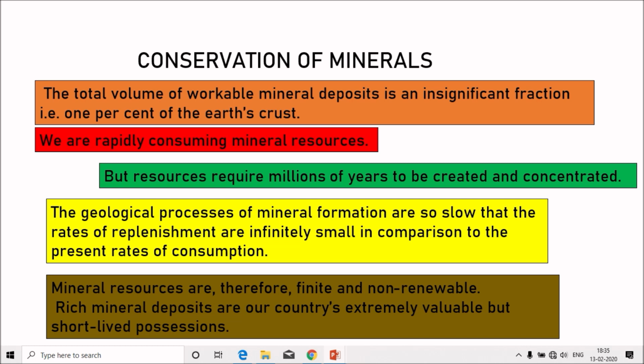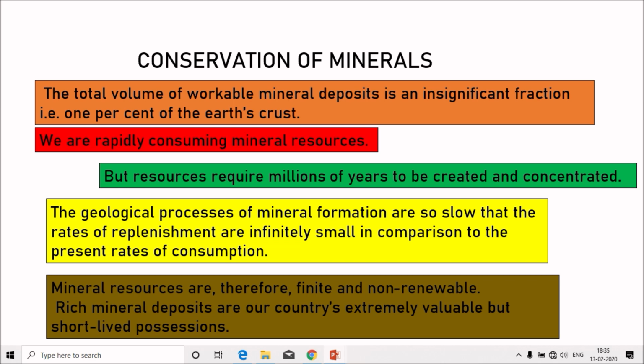Rich mineral resources are our country's extremely valuable but short-lived possessions. We all need to remember that we need to save the minerals or use the minerals in a wise way. Why do we need to use them in a wise way?